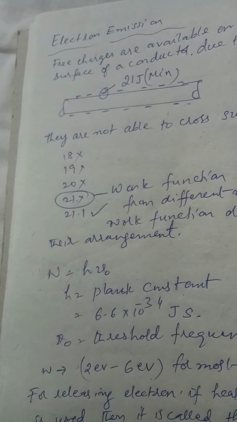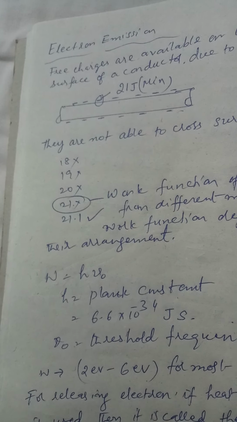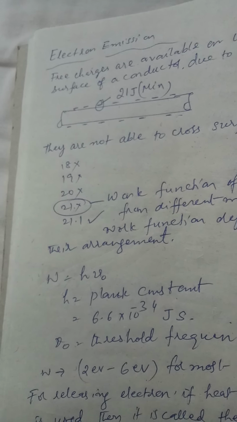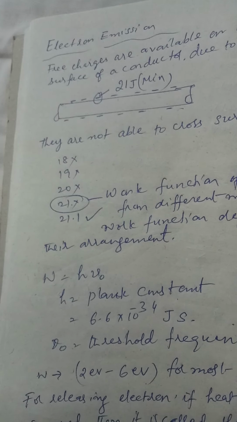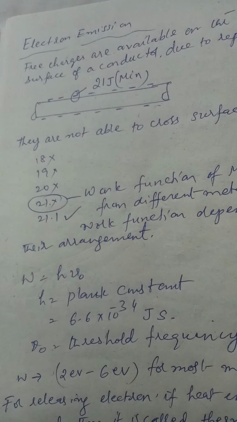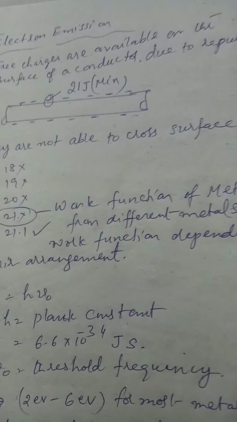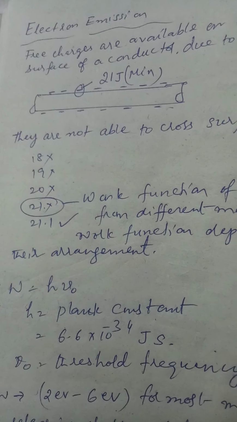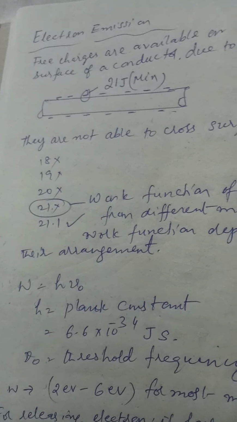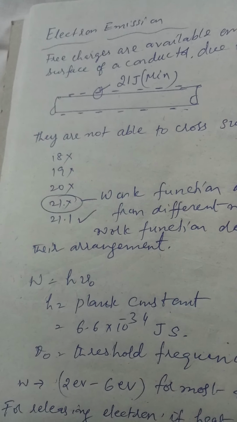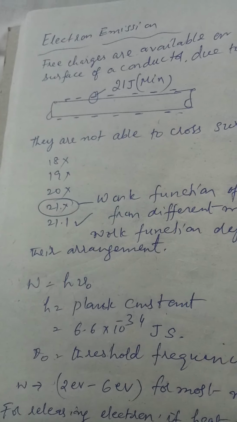The work done by an object in moving from one place to another is stored inside that body as a potential energy, I told you. So the work function definition gives us an idea of how much energy is required to knock off those electrons from the external surface of a charged conductor.